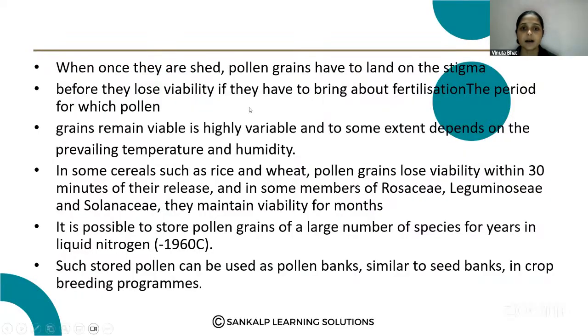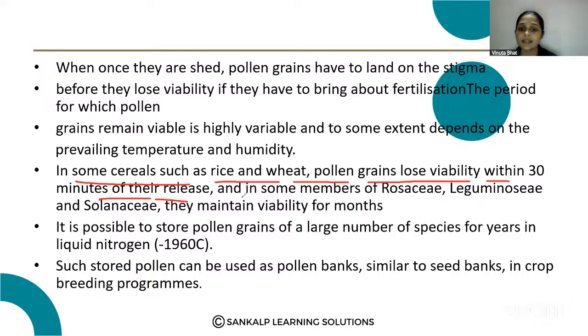Here, what is the viability of the pollen grain? That depends on the different species. In some cereals such as rice and wheat, pollen grains lose viability within 30 minutes of their release.